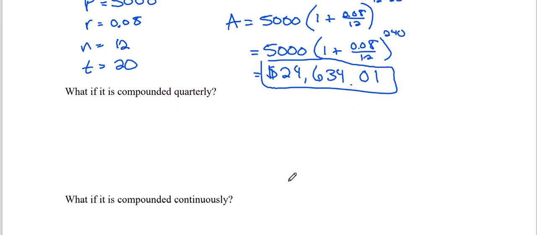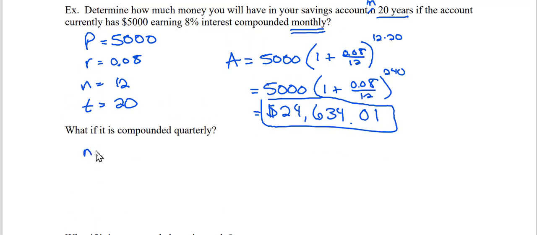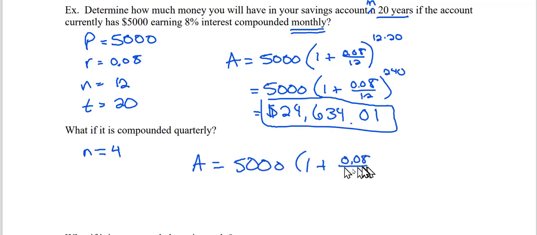Compounded quarterly, the only difference is now the n changes to 4. Quarterly would be 4 times per year. So 5,000 times 1 plus 0.08 over 4 to the 4 times 20 power. This one I could actually do the calculation because 0.08 divided by 4 is 0.02 exactly.